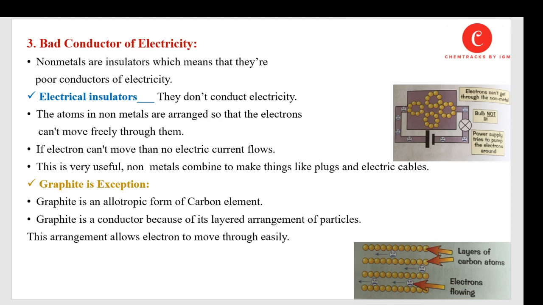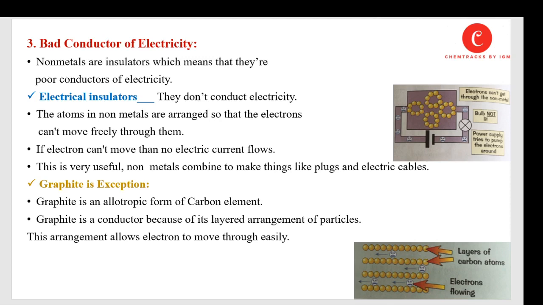Graphite is an allotropic form of the element carbon. The carbon is non-metal, but graphite, the allotropic form of carbon, is an exception for electrical conductivity because graphite is a conductor because it has a layered arrangement of particles.